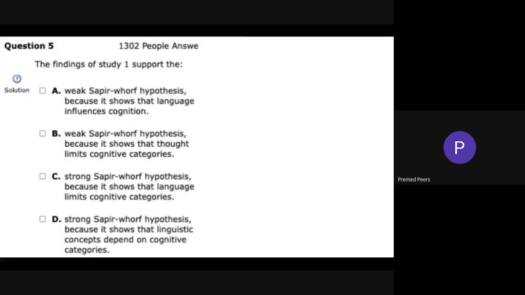Okay, great. Last question. The findings of study one support which kind of Sapir-Whorf hypothesis and why?